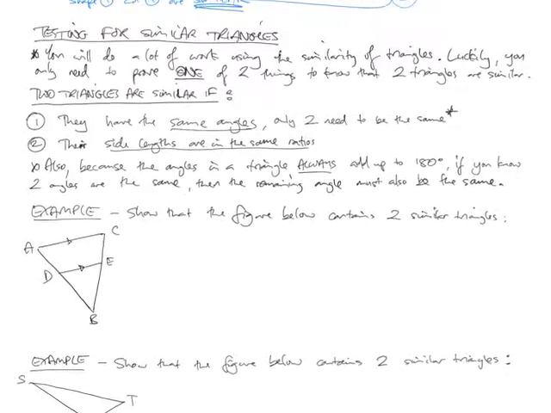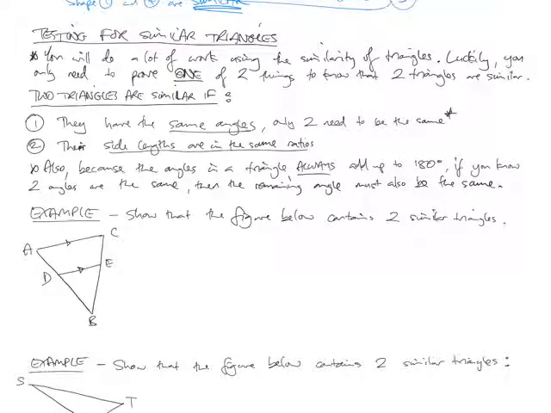This is important for us because we're going to be using that with similar triangles. You're going to do a lot of work using the similarity in triangles. You only need to prove one of the two things below to know that two triangles are similar. Two triangles are similar if you can prove that they have the same angles.